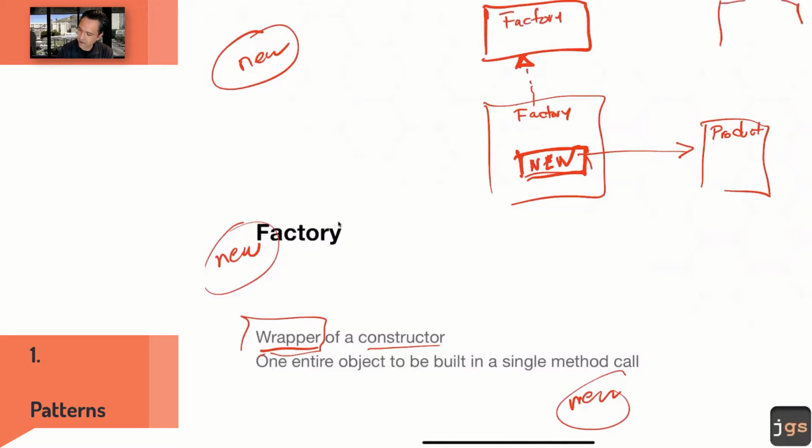And we're going to have a class and an interface for the product. Why? Because creating an interface for the factory and creating an interface for the product allow you to define several different classes that are factories for several different products or for the same product.